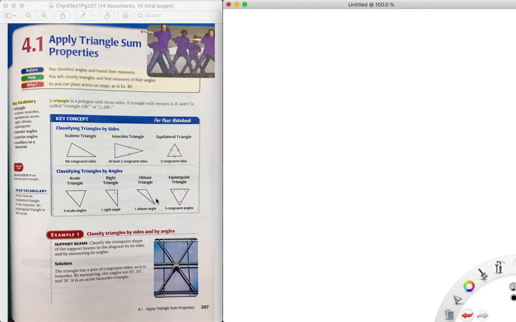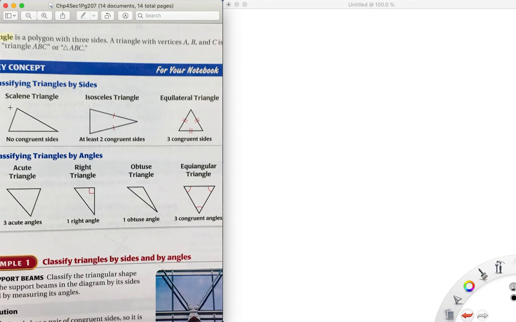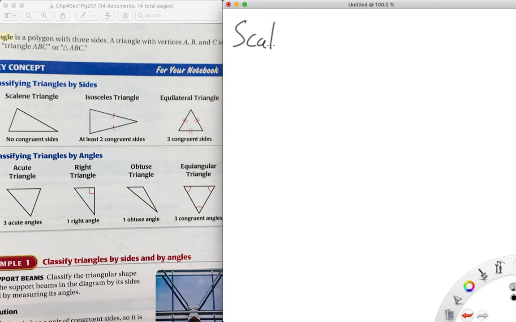These are the specific types of triangles that are given here, and this is all review. We have a scalene triangle. When we talk about a scalene triangle, we're talking about triangles with no congruent sides or angles.